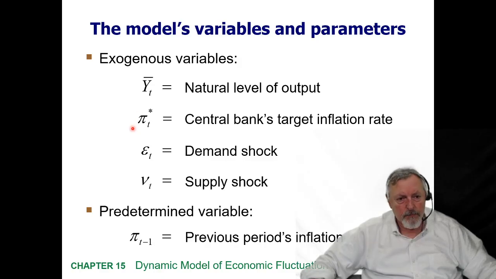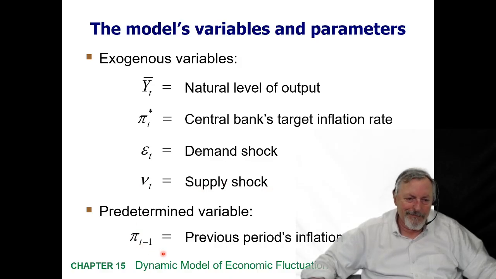Pi star, this is the central bank's desired inflation rate, their target inflation rate. This is lowercase epsilon. It'll stand for demand shocks. And this, it looks like a V. It is lowercase Greek letter nu. And that will represent supply shocks.